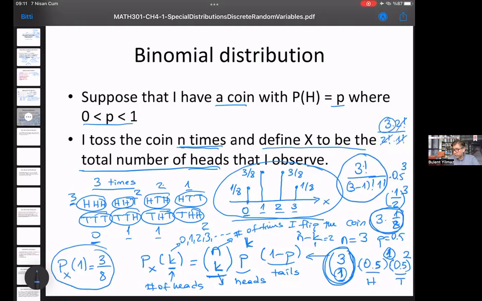So for a fair coin, we did that. But what if I had a biased coin? Then this P value will be different and 1 minus P will be different. Now I'm not flipping the coin 3 times, but 10 times, 15 times, 20 times. Or I have 20 parts and only 1 out of 20 is defective.